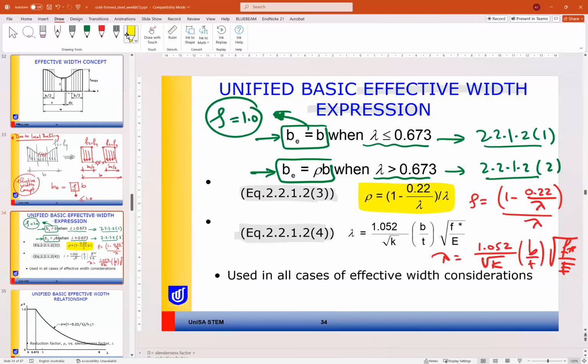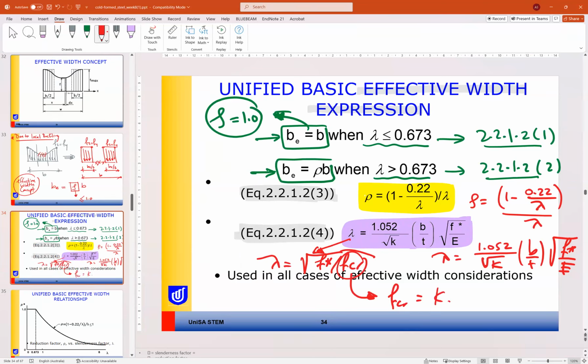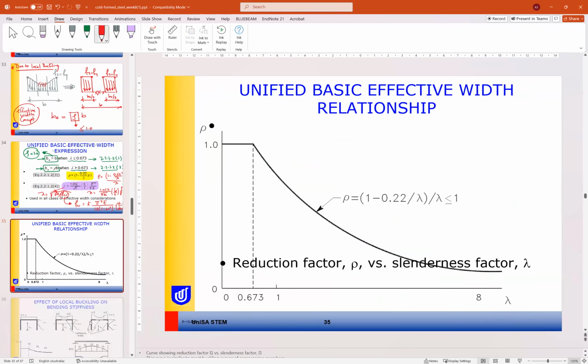It is derived from the original formula lambda equals root of F asterisk divided by FCR, where we replaced FCR, which equals K times pi squared E divided by 12 times (1 minus nu squared), multiplied by (T over B) squared. So this is how to find the effective width of the member.